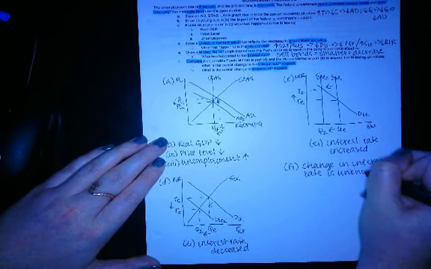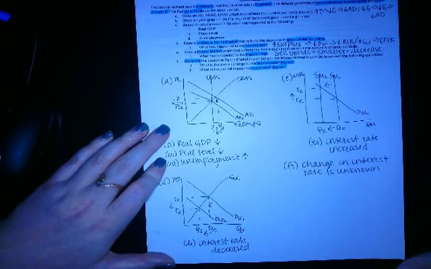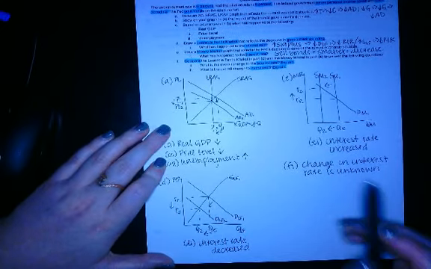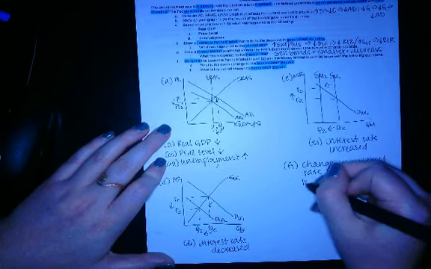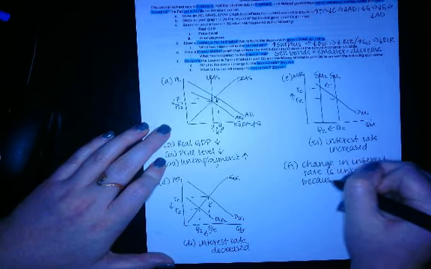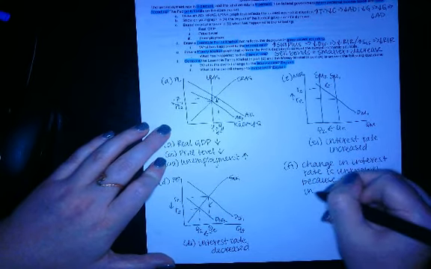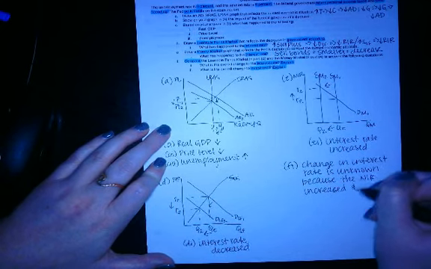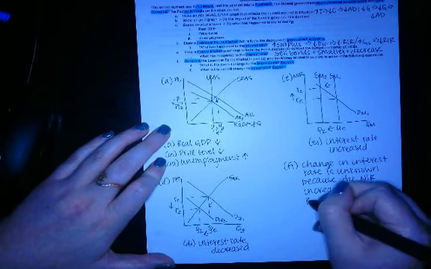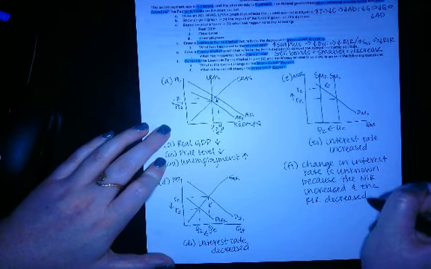Well, our nominal interest rate increased, but our real interest rate decreased. So we answered what's the overall change. Change in interest rate is unknown. And now we have to explain. Because the nominal increased and the real decreased. So there's our explanation part.